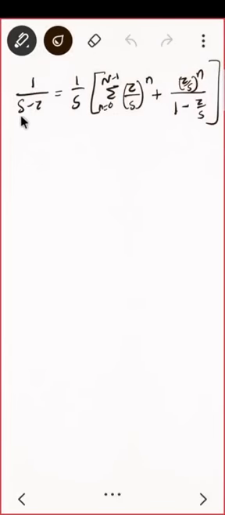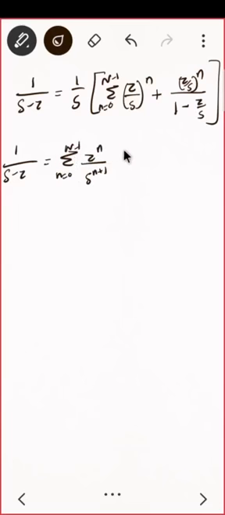If you multiply s inside, this will be 1 upon s minus z is equal to summation, z raised to n upon s raised to n plus 1, n equal to 0 to n minus 1, plus z raised to n upon s raised to n times s minus z. The s multiplied will get cancelled. So this is what I am having.